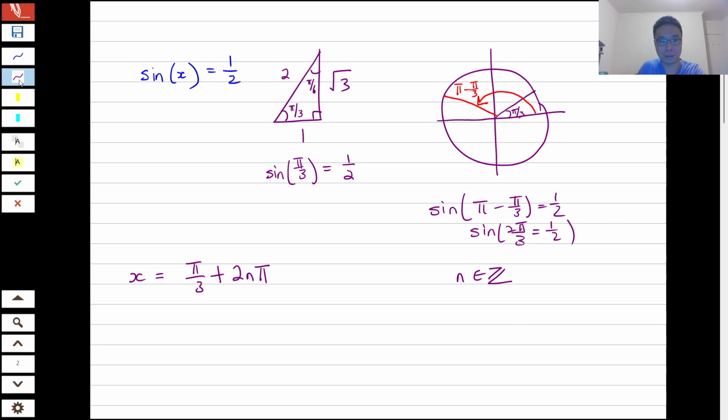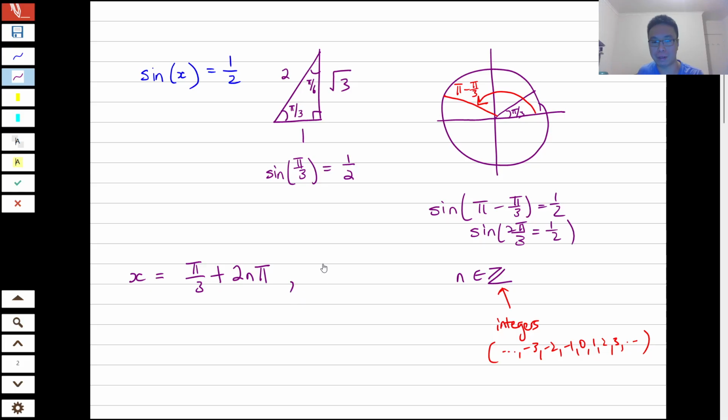If you've forgotten, I'll just write this for you. These are the integers, which are the positive and negative whole numbers. Okay, so I can go forwards by 2 pi, I can go backwards by 2 pi, and I can cycle around as many times as I like. All right, so that's one family of solutions.